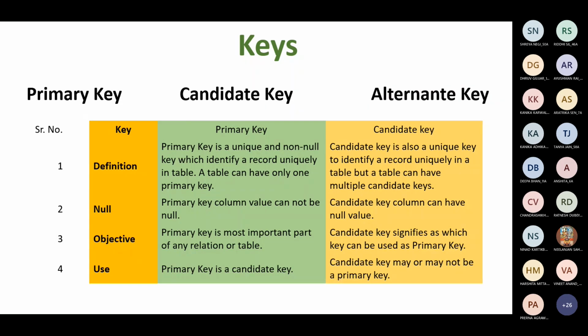The use, of course, primary key can be a candidate key. Candidate key may or may not be a primary key. Suppose a candidate key wants to become a primary key, then what should it be or what should it not be?